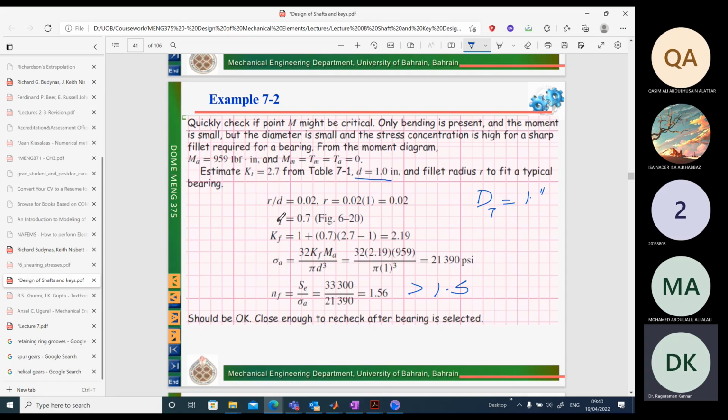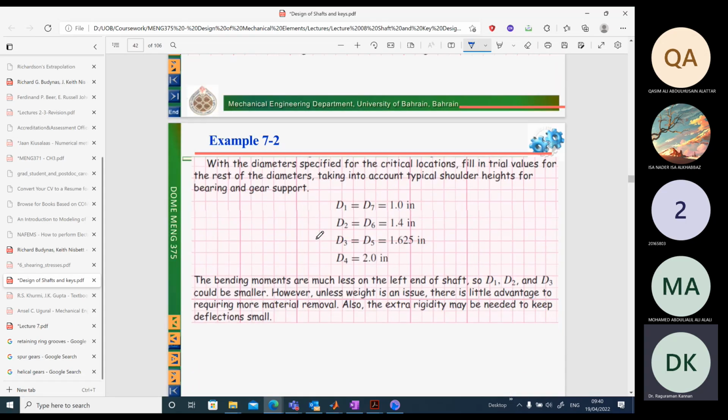So let us see here, based upon the smaller radius, we have the stress concentration effect, and this value should be greater than 1.5, and therefore, let's see here, D7, selecting D7 to be 1 inch is fine. D7 is taken to be 1 inch.